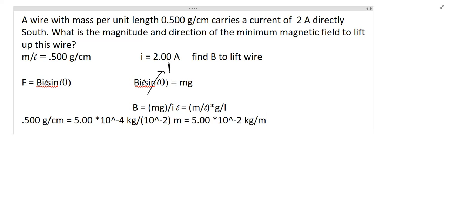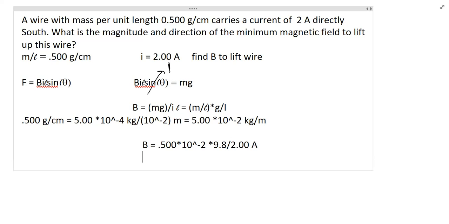So once we have the m over L in terms of kilograms per meter, we can plug everything into the equation and solve for B. So we have B equals 5.00 times 10 to the minus 2 times 9.8 meters per second squared, all divided by I, which is 2.00 amps.